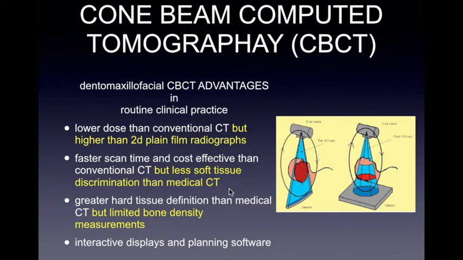And thus, it results in one of the disadvantages of cone beam CT scan, wherein it runs faster, but it doesn't discriminate soft tissue as well as medical CT scans.